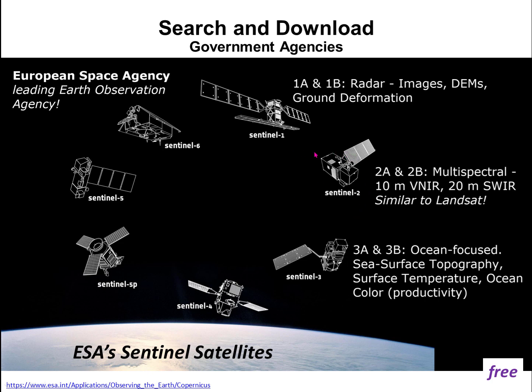Sentinel-2 is a lot like Landsat, a multispectral sensor, but it collects higher spatial resolution data, 10-meter pixels in the visible and near infrared. And then Sentinel-3 is ocean focused, and it does surface temperature and ocean color. They're really good and free satellites.